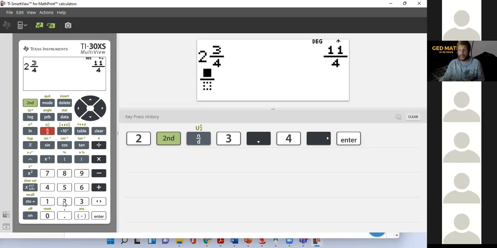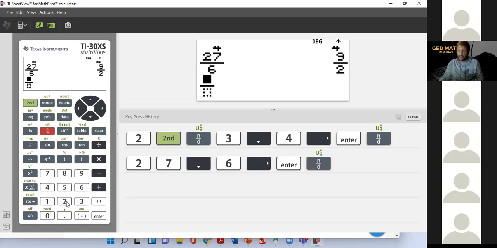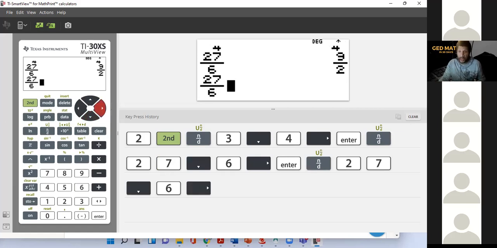Same thing. ND, 27/6. But this way, when we hit enter, it's still an improper fraction. But what if I wanted it to be a mixed number again? So ND, 27/6. And then right here, let me get out of the fraction. Right here, you should see in green, ND, arrow, arrow, UND.